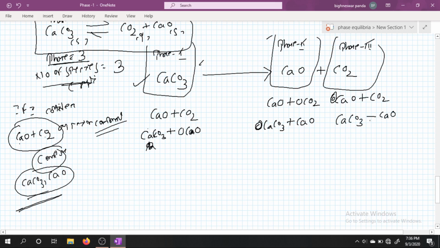If I minus calcium oxide from calcium carbonate, I will easily get carbon dioxide.